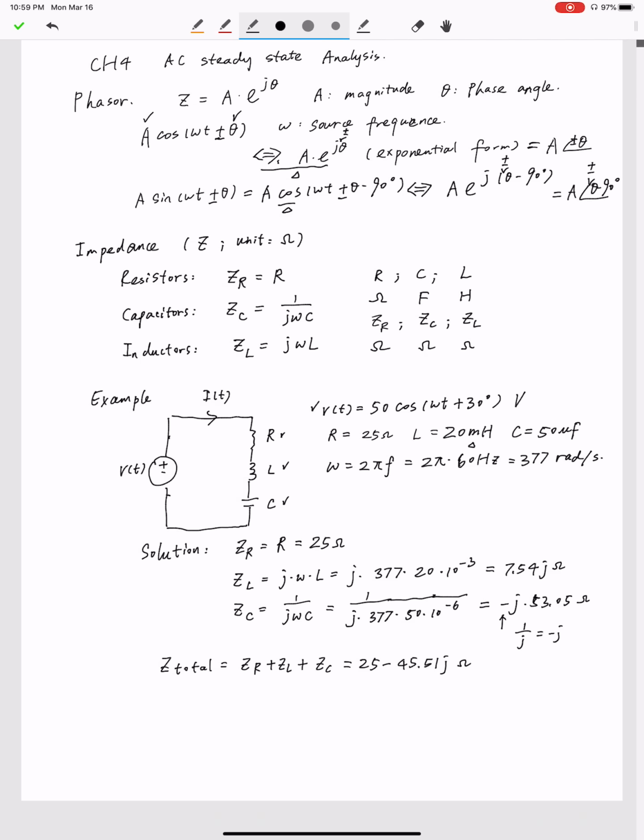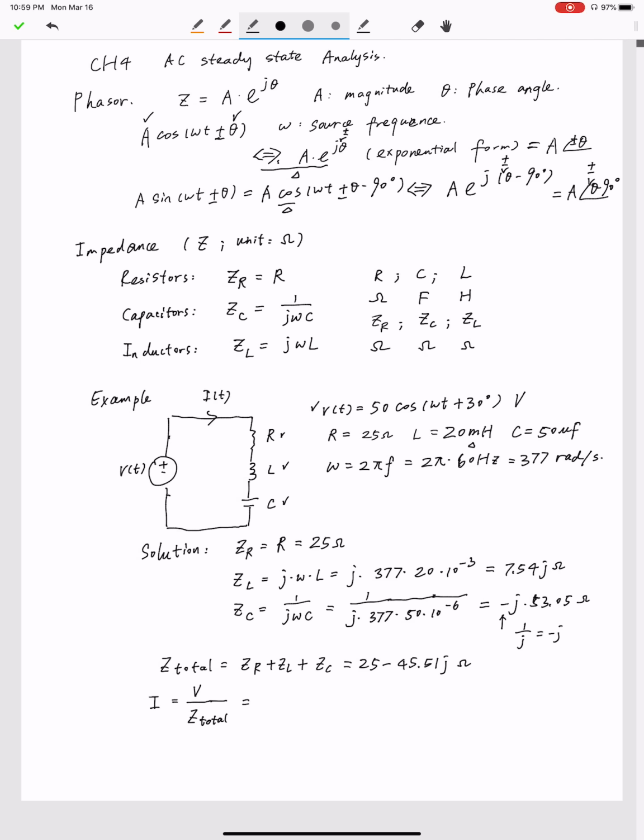And after we have the total impedance, we can calculate the current in the phasor form by using the voltage in the phasor form divided by the total impedance, just like Ohm's law, right?